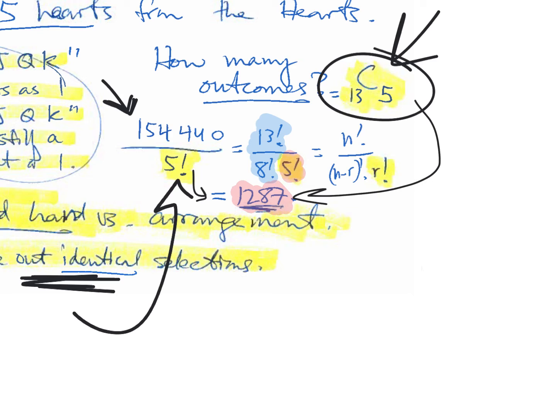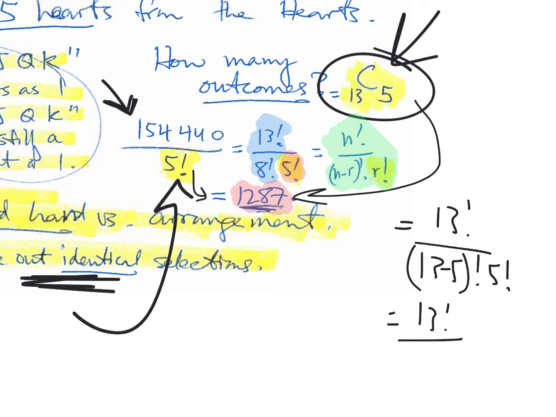If we go backwards, that is what the combination formula would have given us as well: 13 factorial over 13 minus 5 factorial, also divided by 5 factorial, which is 13 factorial over 8 factorial times 5 factorial.